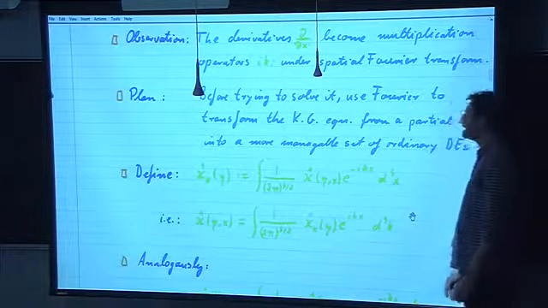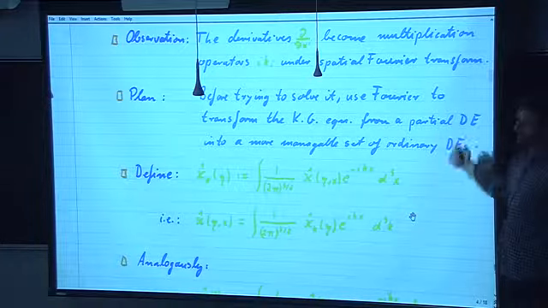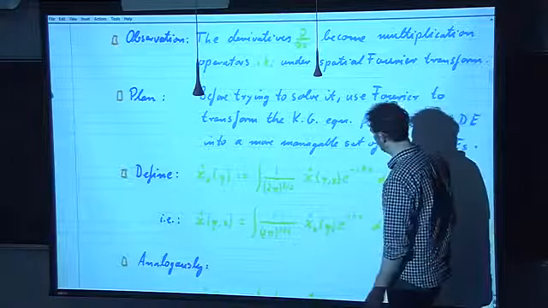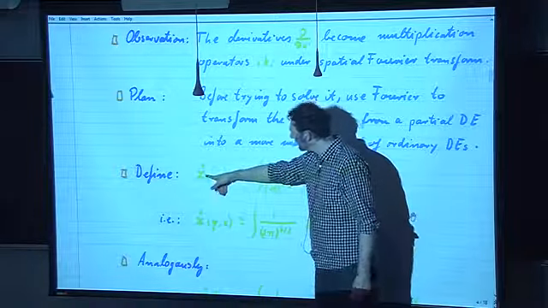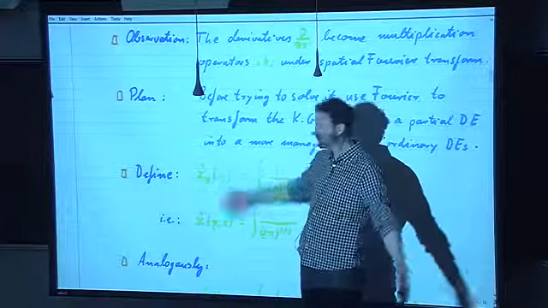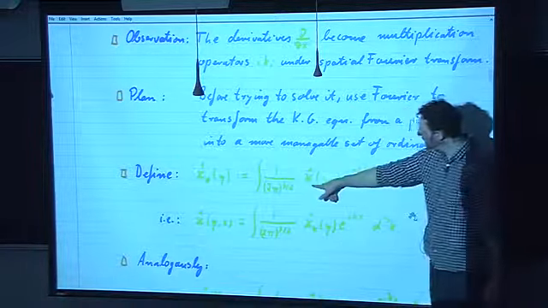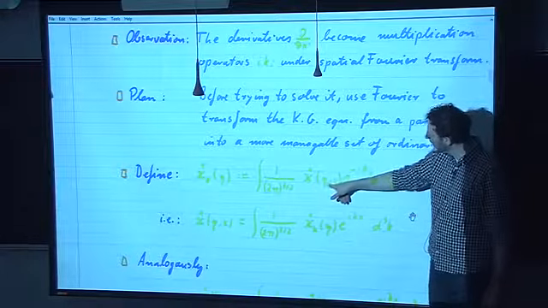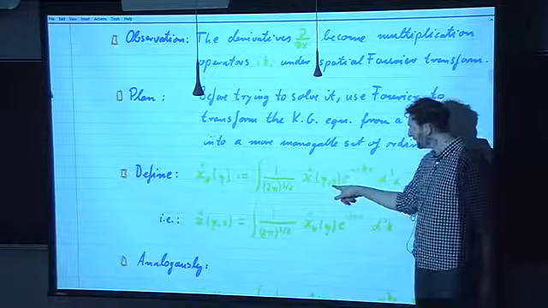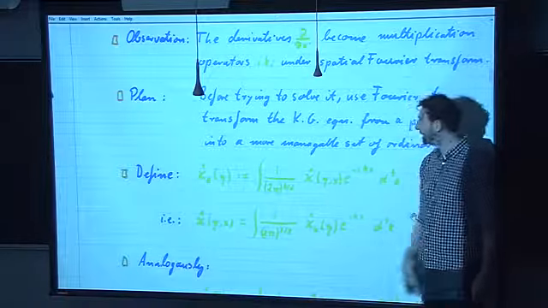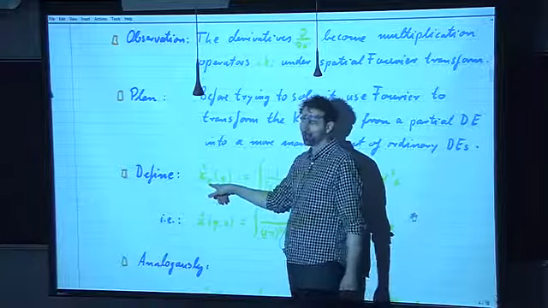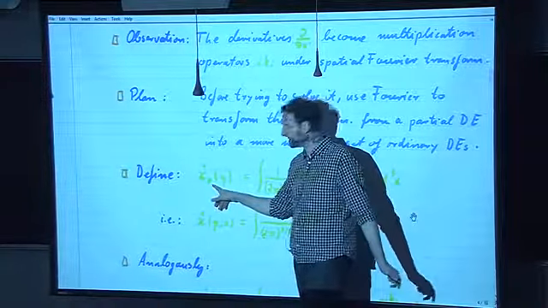And I should say that it's a tradition in this field of research that for some reason or another, we don't write here chi hat of eta comma k, which would be logical, because before Fourier transforming, we write eta comma x positions, right? So after Fourier transforming that variable, that should become a k here, but that's not how it is done. Usually one writes a subscript k over here, but it means exactly the same thing.